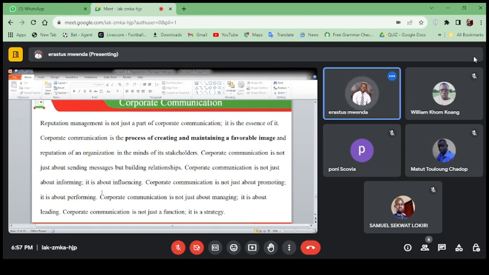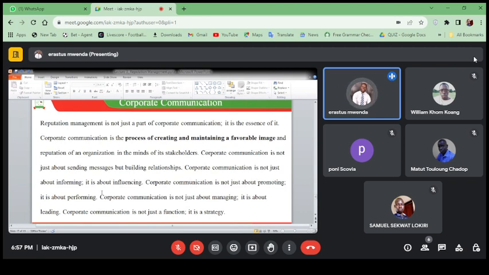When we talk about corporate, we also mean organizational communication. And that's why we are saying it's not all about sending messages, and it's not all about informing people, and it's not all about just doing some normal promotions.